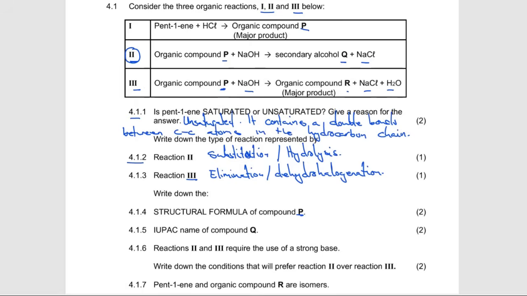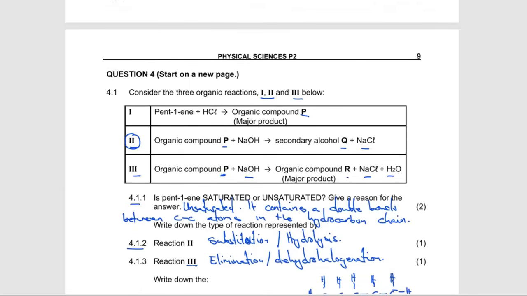I'm going to use a 5 carbon chain, so I'm going to say 1, 2, 3, 4, and 5. Then I'm going to add a Cl, which is our chlorine. The rest are going to be our hydrogens, going downwards like that, hydrogen, hydrogen, hydrogen, hydrogen, hydrogen, and another hydrogen. So this is how we identify our organic P.